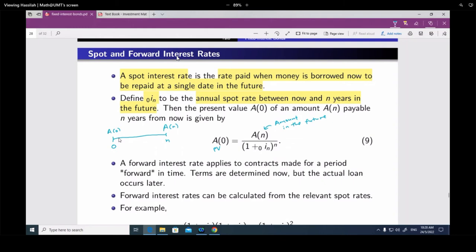On the other hand, bila you tahu AN, you nak dapatkan A0, you kena discountingkan, in which you still need to know the interest rate.